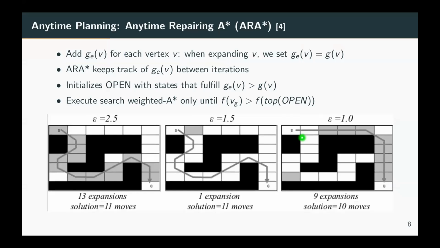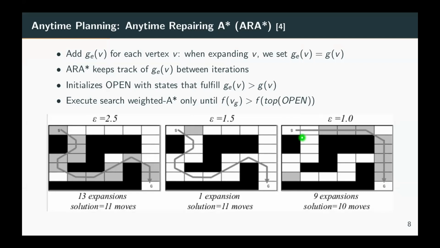Okay, and there's a way of fixing that, and it is known as anytime repairing A star, or ARA star. The basic idea of ARA star is that we now keep track of which states we have already visited.